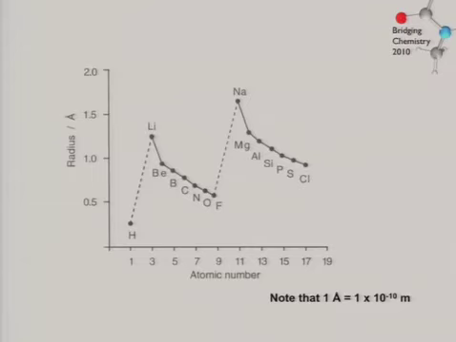That's the second row of the periodic table. And as we move down a group, say group 1, from hydrogen to lithium to sodium, the atomic radius gets bigger. Now there are reasons for this, which we're going to look at.